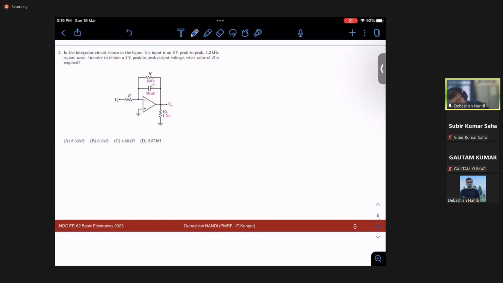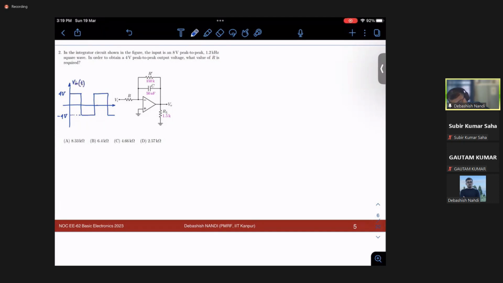My input voltage waveform is of the shape that it is like this, right? It is a periodic signal and it has 8 volt peak to peak. So I can safely assume that the DC level is at 0, and this is varying from -4 to +4 volt, right? So this is your V input, and this is your time axis.